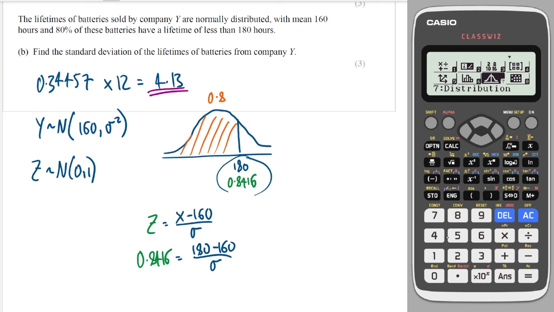So we can go into run matrix and we can do 180 minus 160 all over 0.8416, and we get our standard deviation of 23.76.